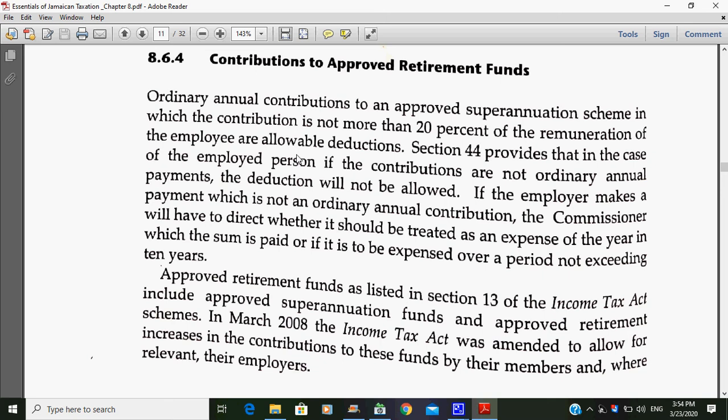Section 44 provides that in the case of the employed person, if the contributions are not ordinary annual payments, the deduction will not be allowable. If the employer makes a payment which is not an ordinary annual contribution, the commissioner will have to direct whether it should be treated as an expense of the year in which the sum is paid, or if it is to be expensed over a period not exceeding 10 years.